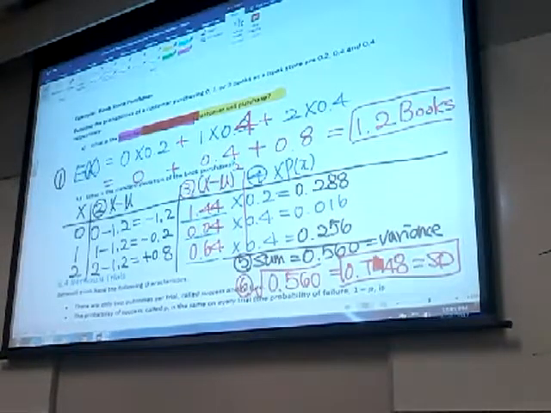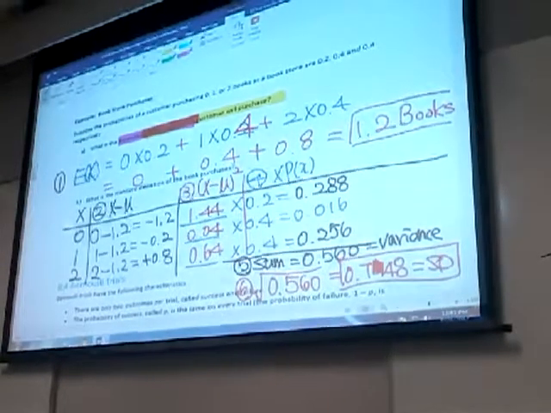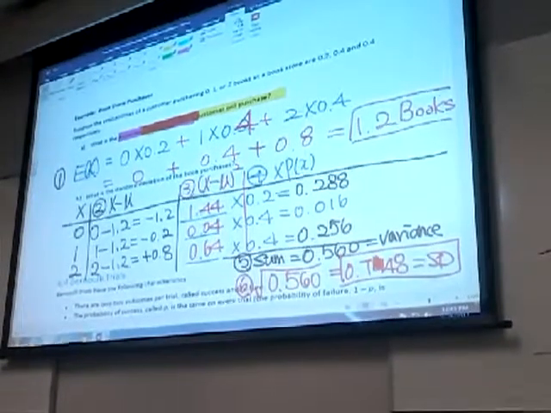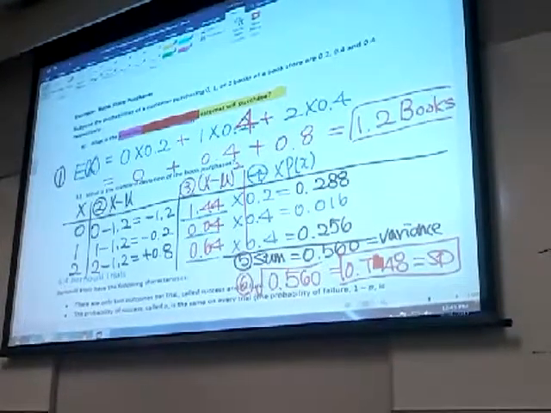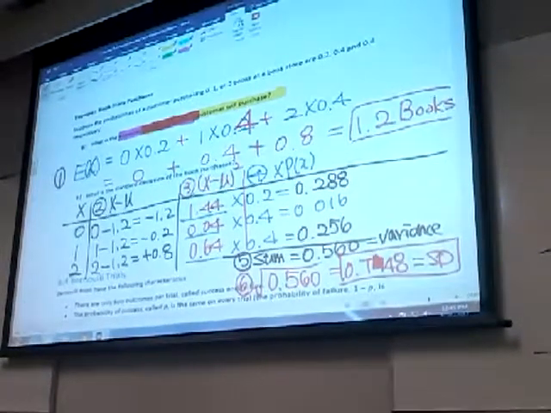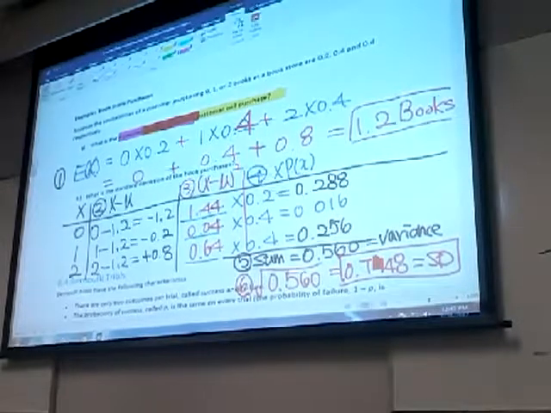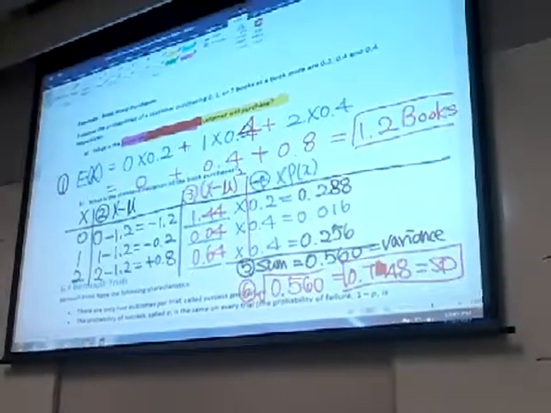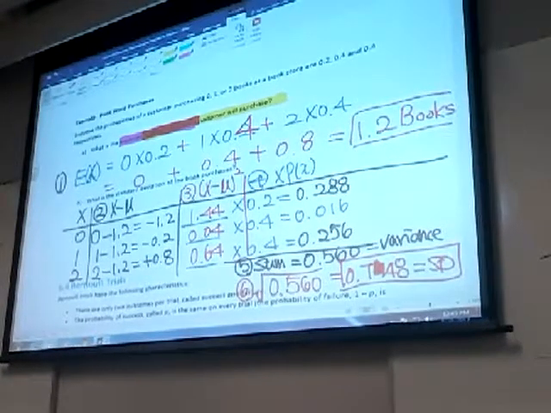Now we have a probability table. I want to go back to chapter 3. So if I had 10 customers, how many customers didn't buy anything?